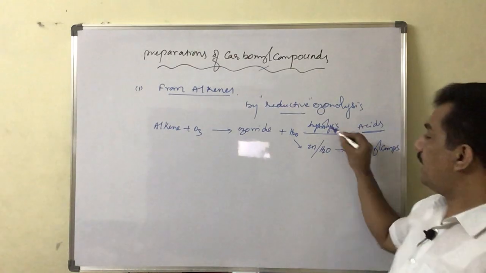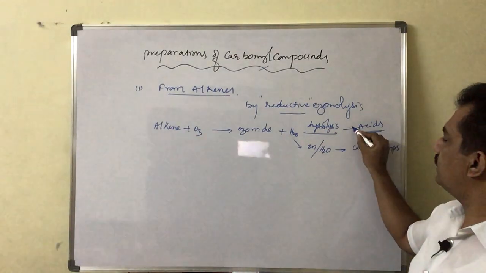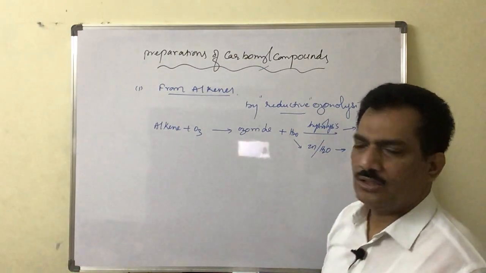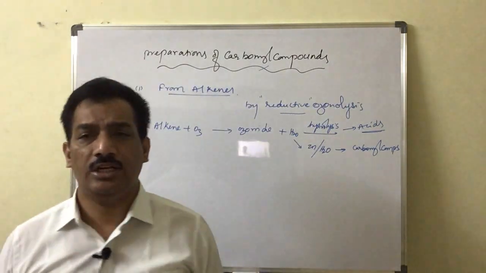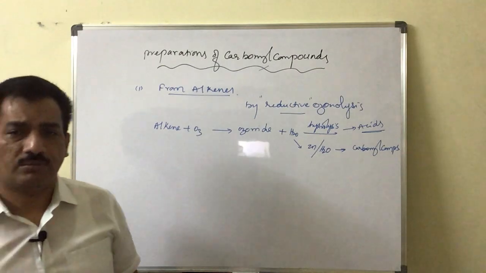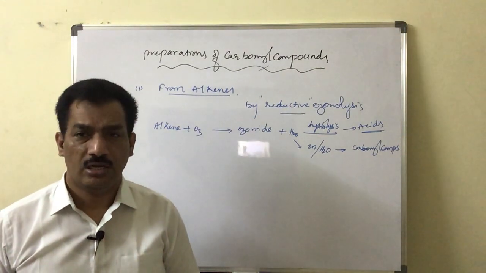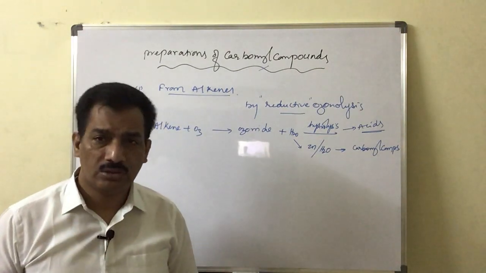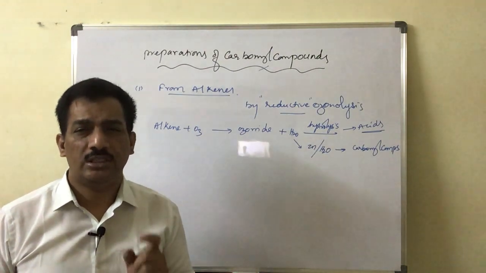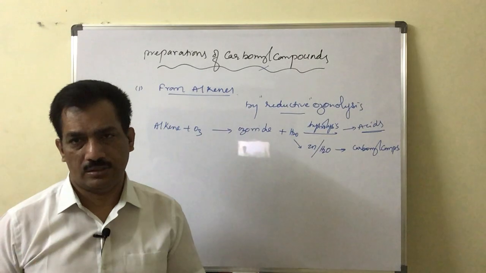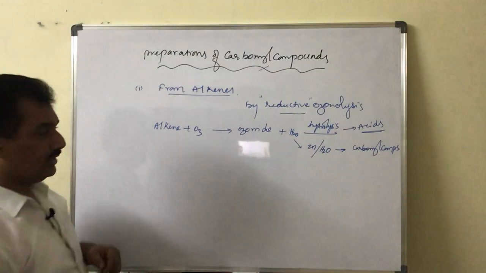If complete hydrolysis takes place, it leads to the formation of acids. So in coming days, when we discuss the preparation of acids, we can use hydrolysis of ozonolysis of alkenes. But here it is for carbonyl compounds, that's why it is restrictive ozonolysis, that is nothing but reductive ozonolysis. Clear?